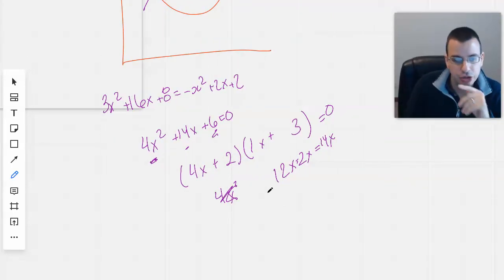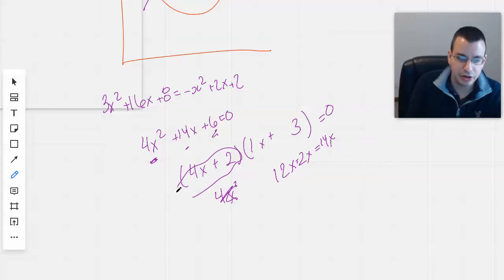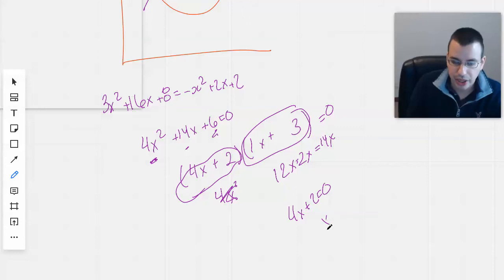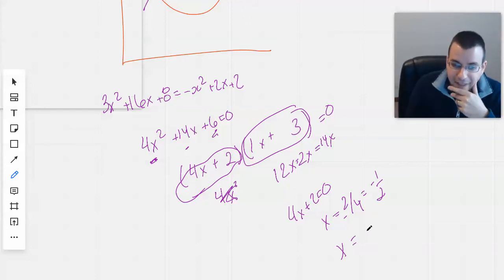And then solving each of these for 0, we know that either this would equal 0 or this would equal 0. So 4x plus 2 equals 0, x equals negative 2 over 4, which equals negative 1/2, okay? Or x plus 3 equals 0, x equals negative 3.